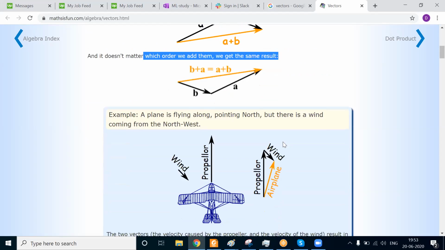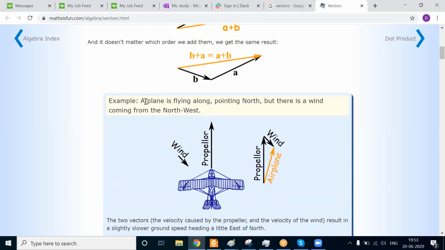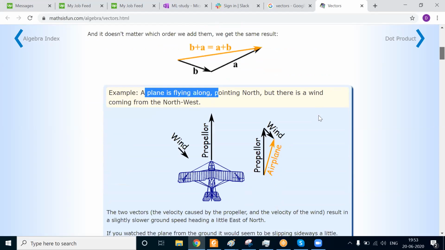Okay, for example, a plane is flying along. This is a plane, this is the wind, this is a propeller. This is moving in this direction and wind is coming in this direction, right? So overall, the combined effect, the plane will go like this. If the plane is going this way without wind, and wind is coming this way, the wind will also affect the plane.